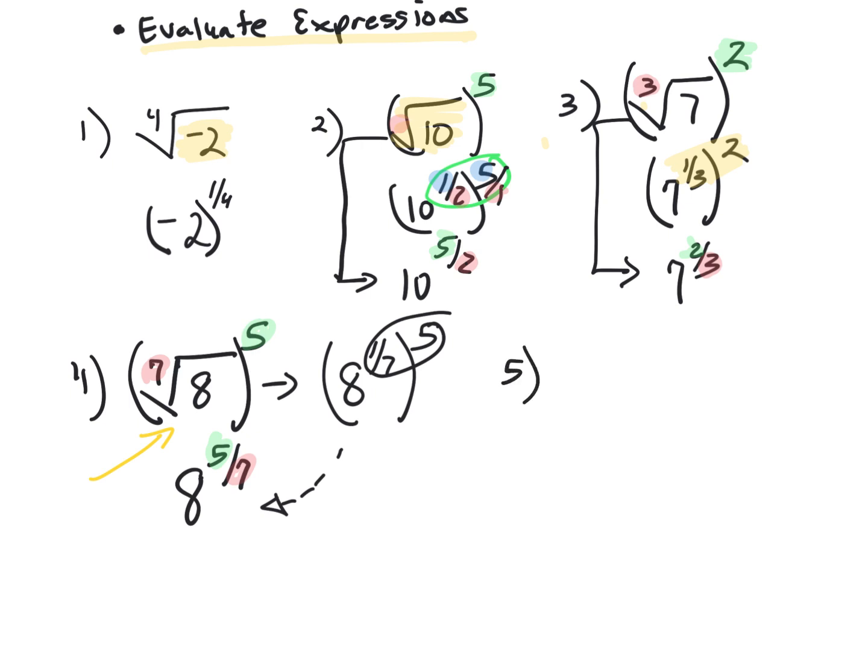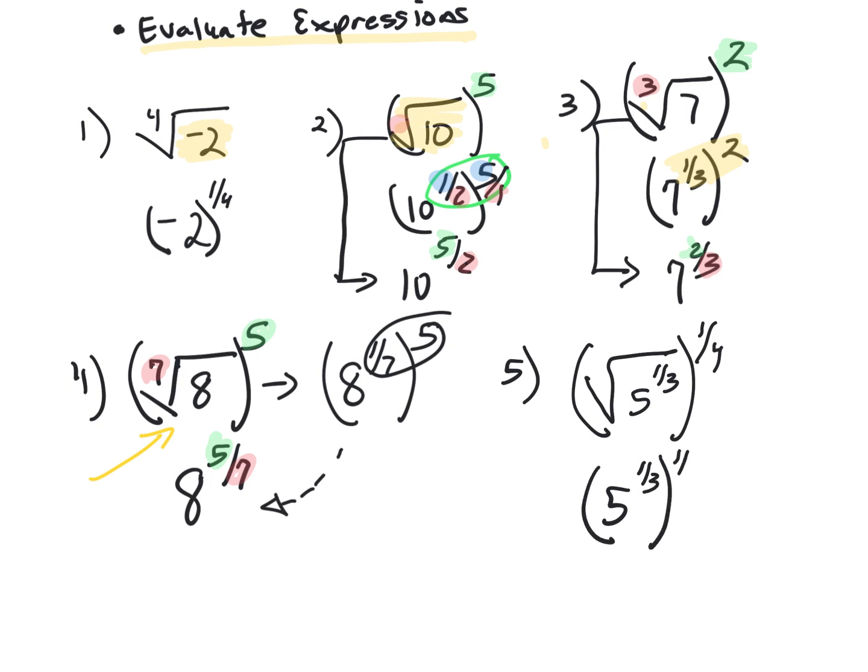So what if we have the square root of 5 to the 1/3 power, to the 1/4 power? Inside, isn't that 5 to the 1/3 power being raised to the 1/2 power, which is then being raised to the 1/4 power?